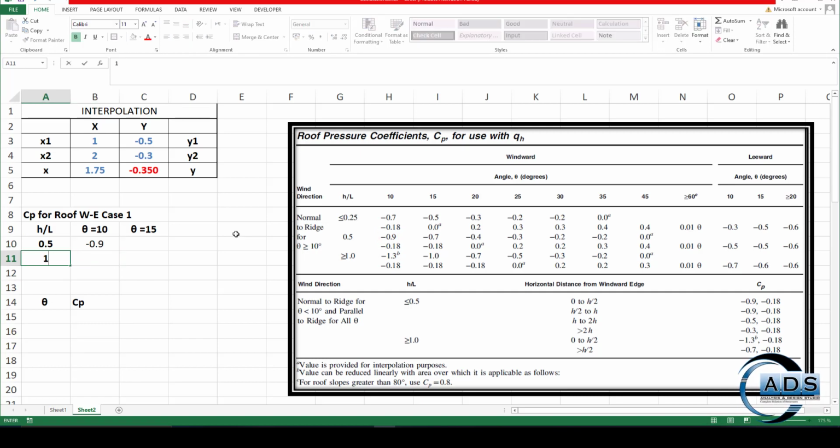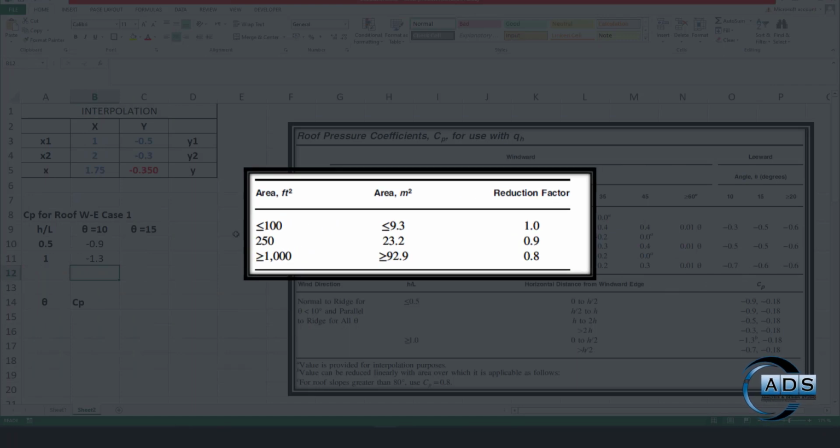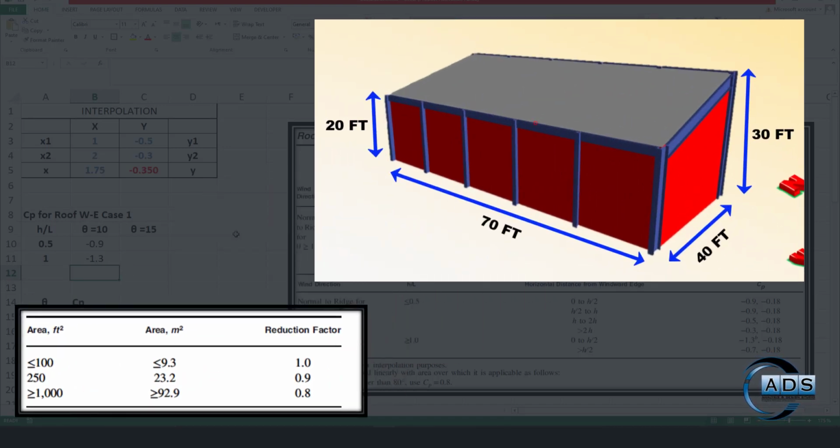For H over L 1, roof angle 10 degrees, it's minus 1.3. But here a superscript b is written, where in the notes we find that this value can be reduced against the applicable area. Using this table, we can find the reduction factor for this value of CP. We are finding the wind pressure for the roof. The dimensions of the building are 70 foot and 40 foot.